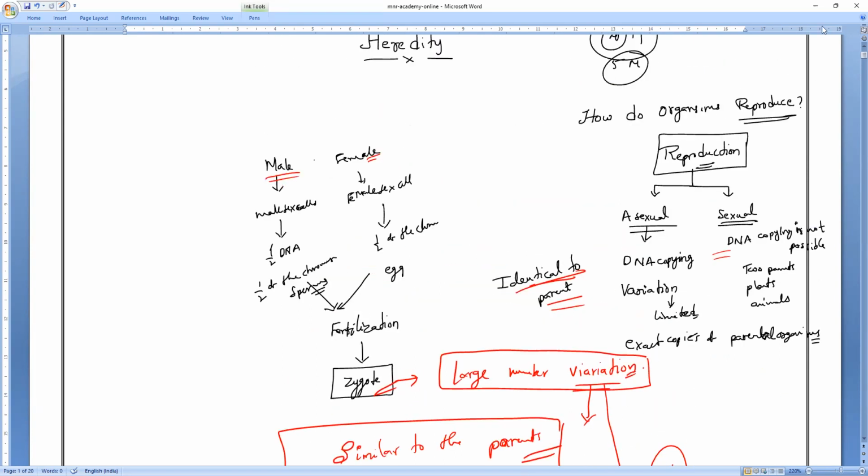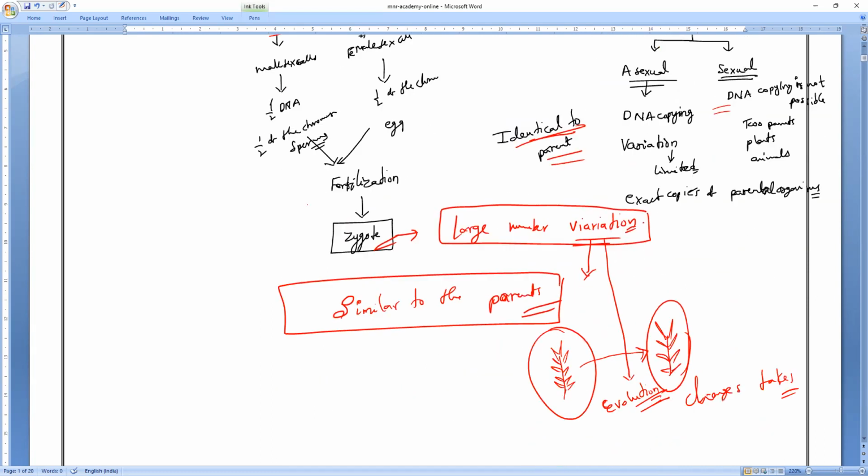In sexual reproduction they look like their parents, but they differ among themselves and also from their parents. There may be differences in facial features, height, weight, eyes, hair, and other parameters.